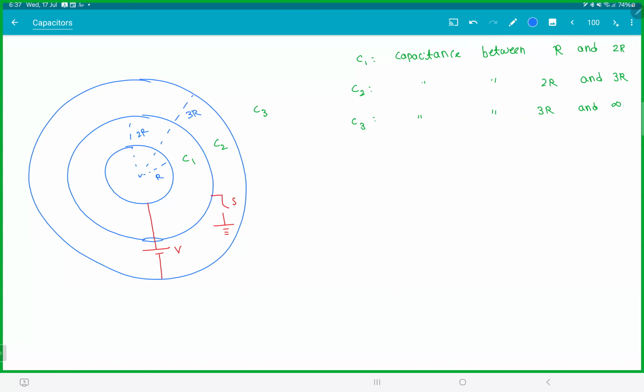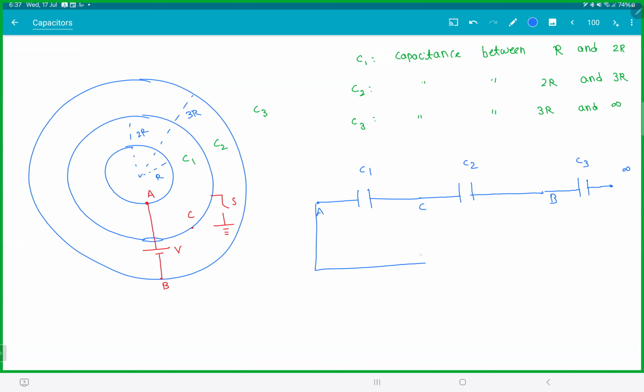Now, if you try to draw the circuit, nodal analysis, let this point be A, let this point be B, and this guy will be C. It is before grounding. So point A, point C, and point B. The battery is between A and B. So the first capacitor C1 is between A and C. The second capacitor C2 is between C and B. The third capacitor C3 is between B and infinity.